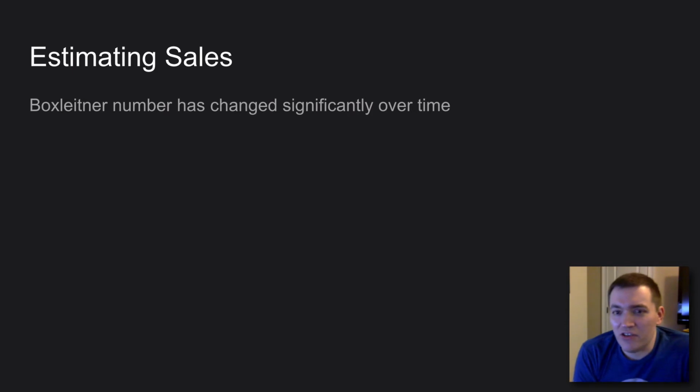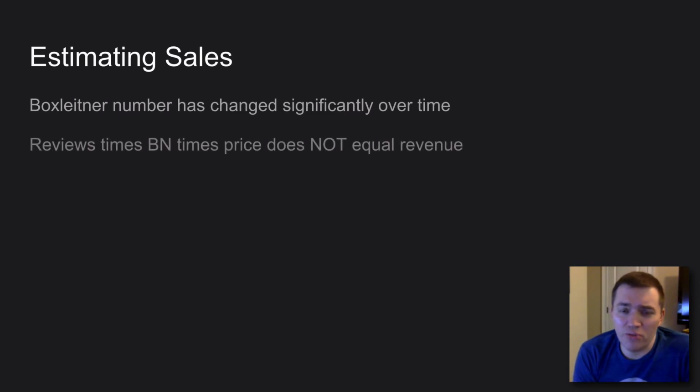And then the obvious thing is to think, oh, that game is $10, so 80,000 times $10 is $800,000. Oh my gosh, I'm going to be rich if I make that game. But the reality is that Boxleiter number can vary quite a bit. It could be 10 or it could be 200 for this particular game, and it's really hard to know.